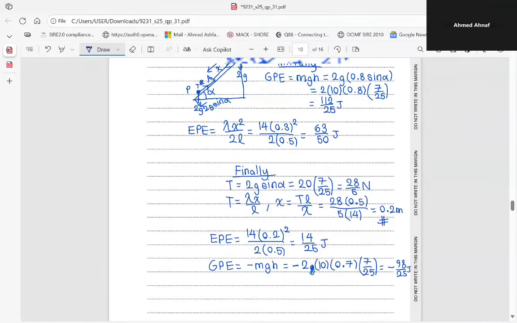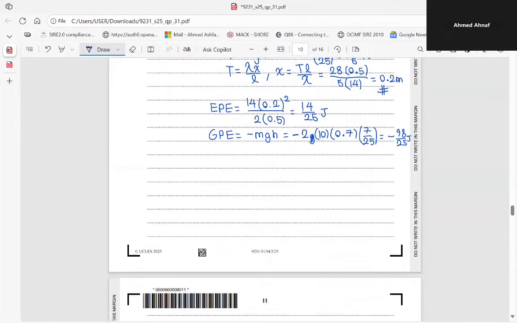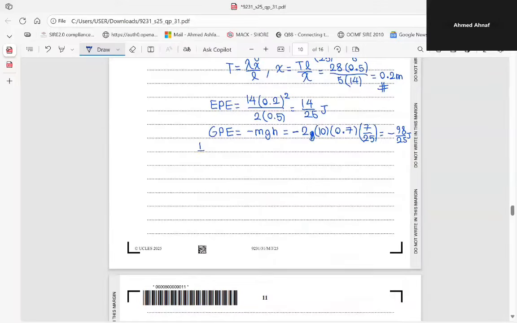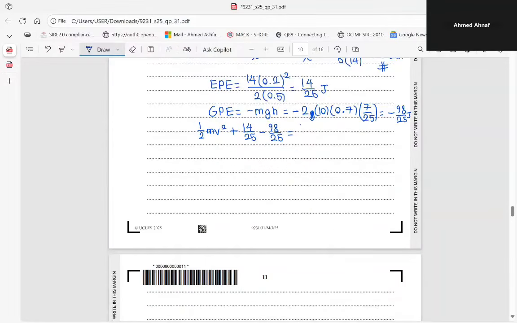Okay, and now using conservation of energy, we can equate the initial total energy to the final total energy. So we're going to add the remaining energy with kinetic energy. So half mv squared plus 14 over 25 minus 98 over 25 equals 1125 plus 63 over 50.